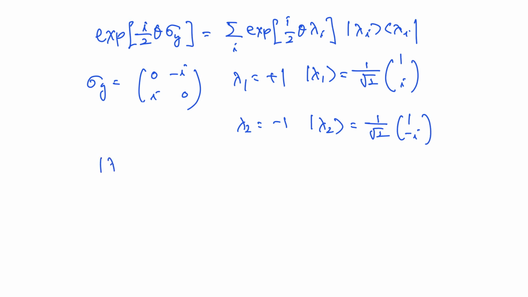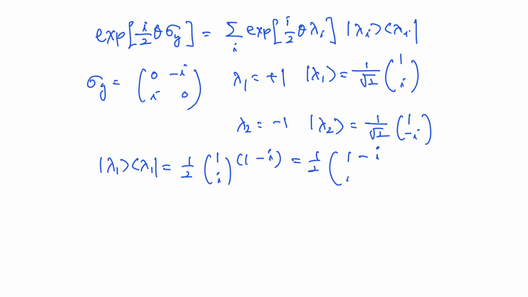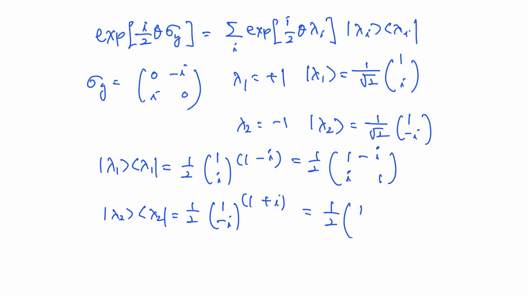So the projector for lambda 1 is 1 half, (1, i) times (1, minus i), and for lambda 2 it becomes 1 half, (1, minus i) times (1, i).